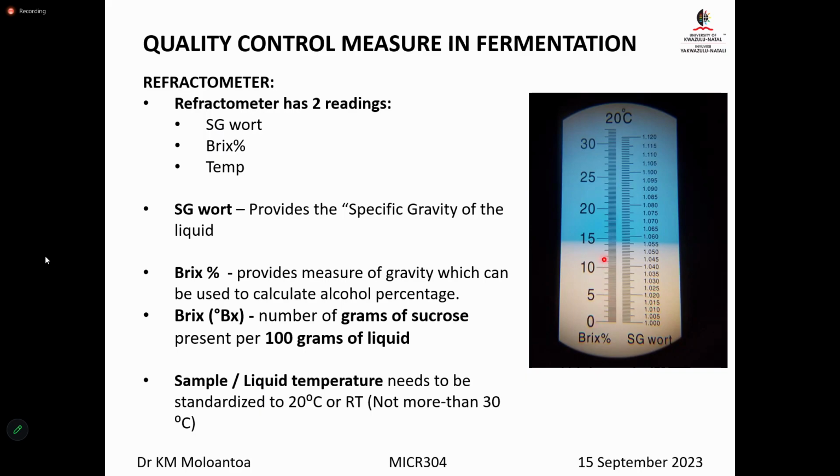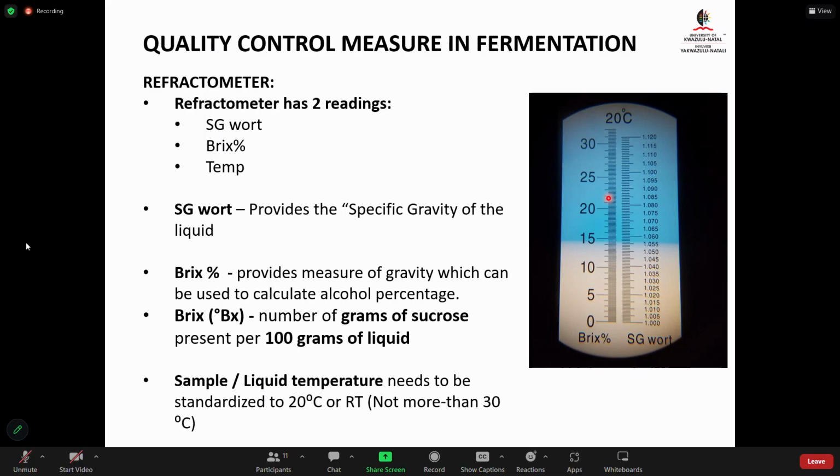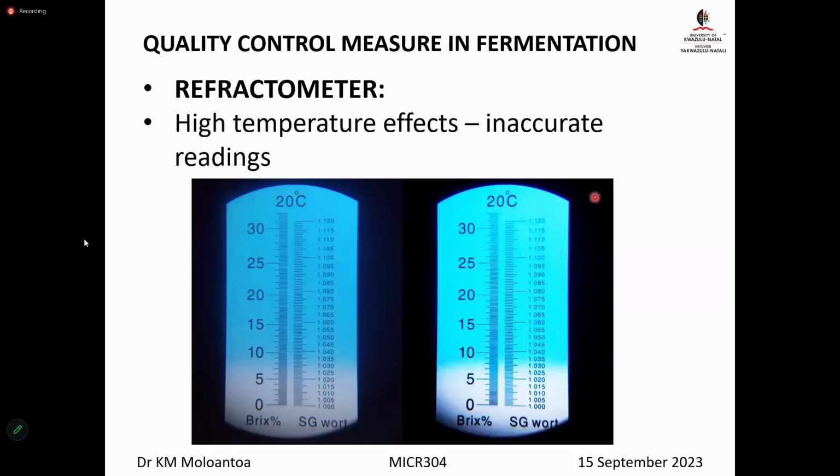This line will keep on going up based on how much solutes are dissolved. Hope that makes sense. It does not measure the OD, but it measures the gravity, which is the dissolved solids, right? So high temperatures will affect the readings of the refractometer, so it will give you inaccurate readings, which is why it is very important that you standardize the temperature.